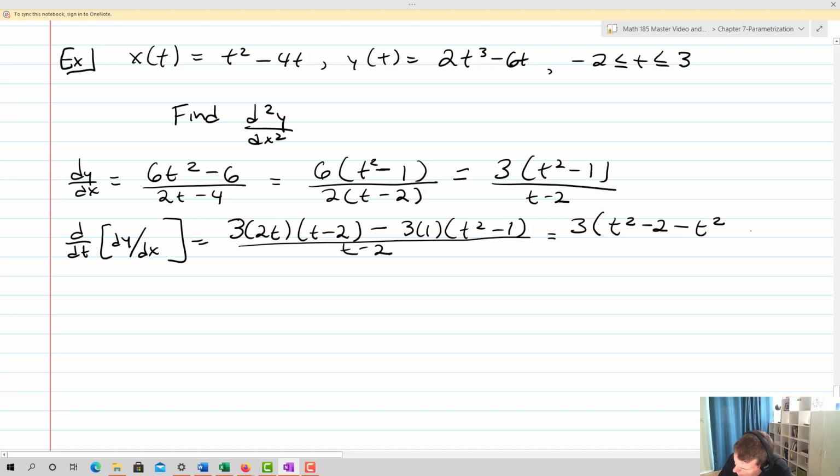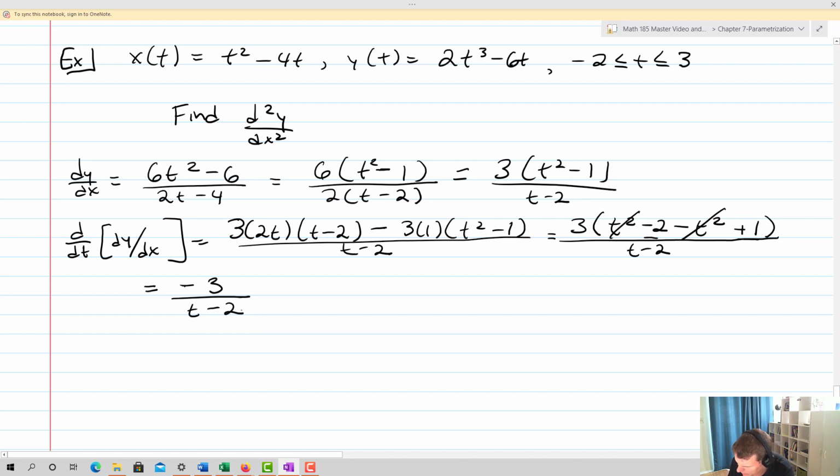All divided by t minus 2. And that will then equal 3 times negative 1, right? Because these two cancel. So we end up with negative 2 plus 1. So this is 3 times negative 1, so it'll be negative 3 over t minus 2. Awesome. So that's actually the top part.